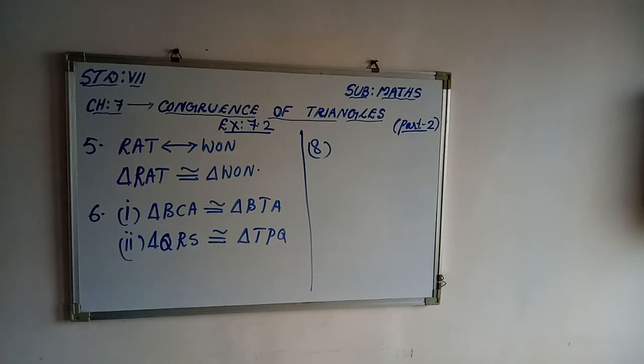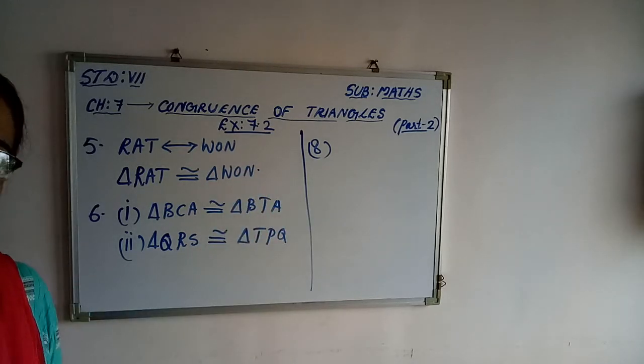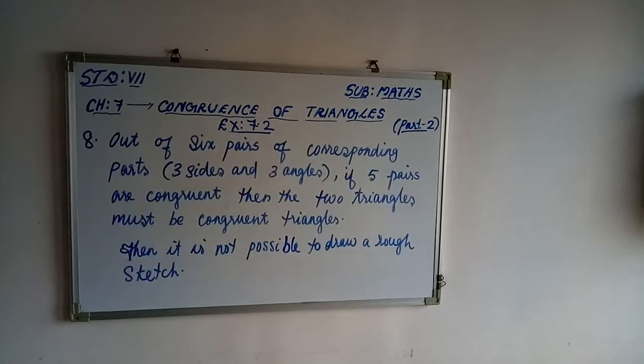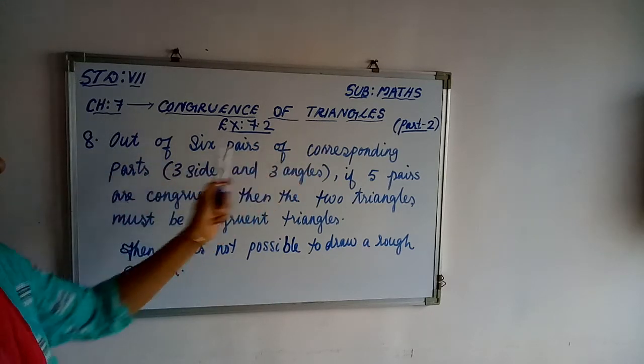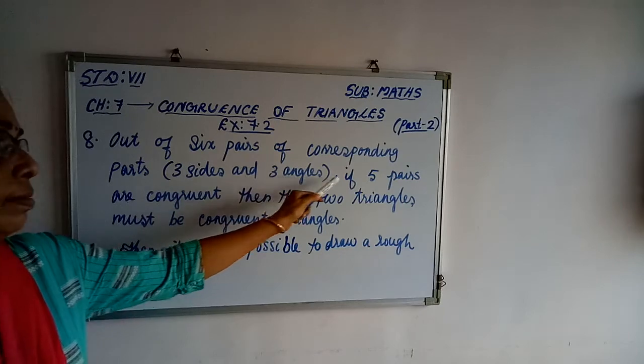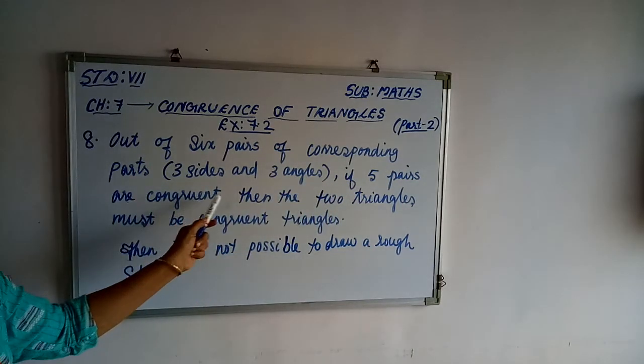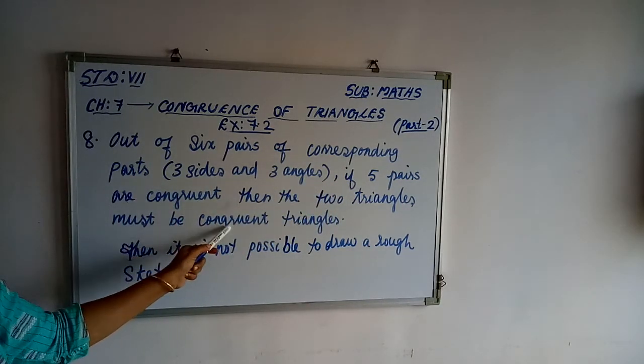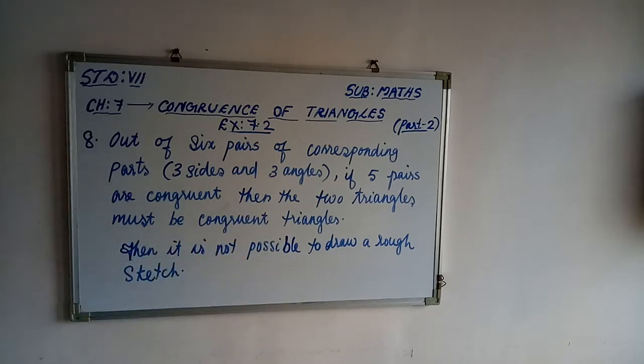So it is difficult in such a case to draw 2 triangles which are not congruent. That is the answer of question 8. I have written the answer: out of 6 pairs of corresponding parts, 3 sides and 3 angles, if 5 pairs are congruent, then the 2 triangles must be congruent triangles. So it is difficult to draw a rough sketch as asked in the question.